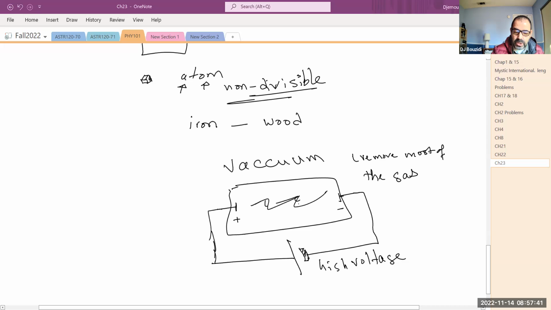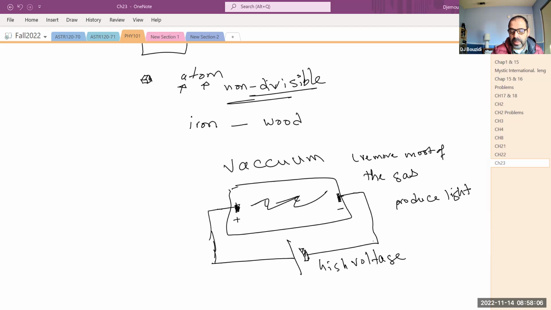Okay, so now sparks will go between the two ends, between the two nodes, if you wish, inside in here, and those charges basically produce light, just like lightning. Depending on the density of the gas, of course, that's how light is going to be produced in this case.